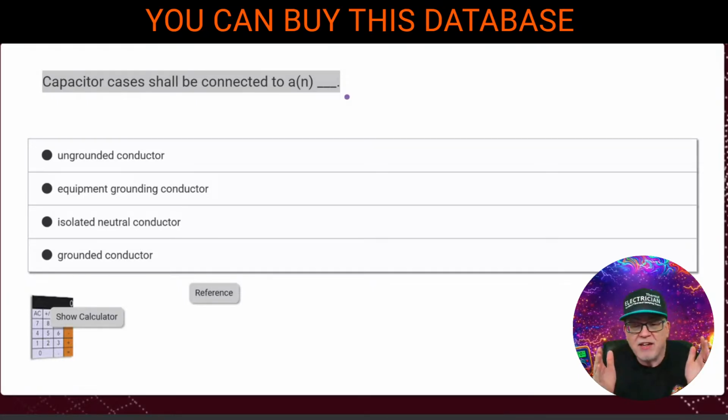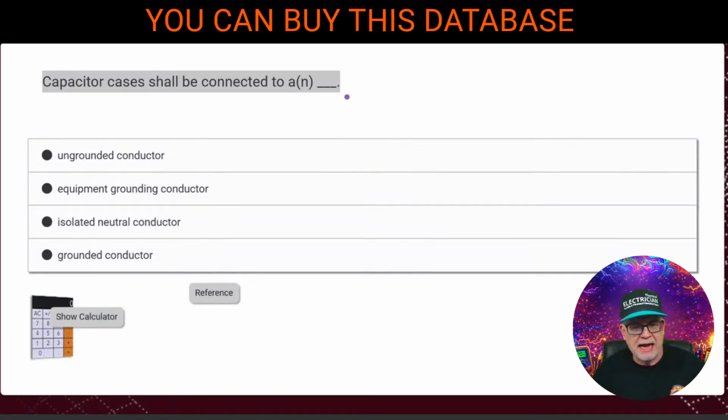Now, let's say you didn't know that. You haven't gotten our electronic flashcards, which we sell on our website, so that you can start rattling off articles. And maybe you don't know the article. Well, you can go to the table of contents of the NEC, or capacitors are pretty specific, you can go to the index if you want. And at the index, you might even see something that is germane to some of the answers here.